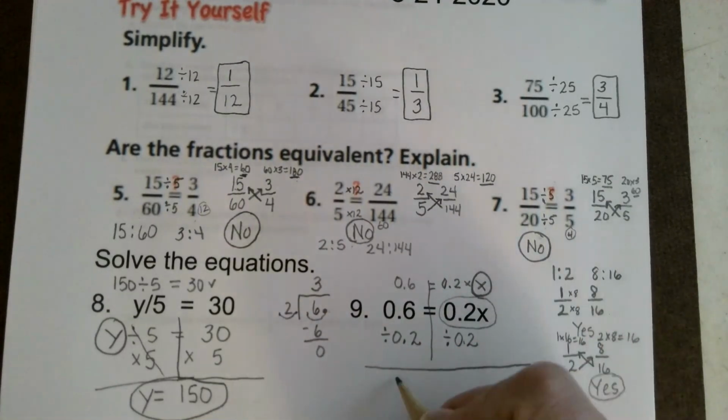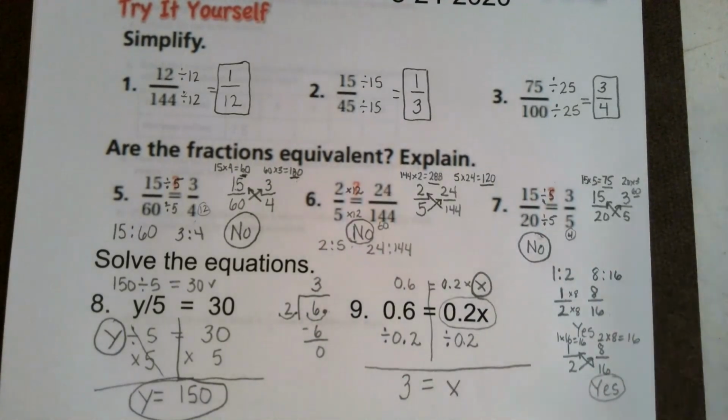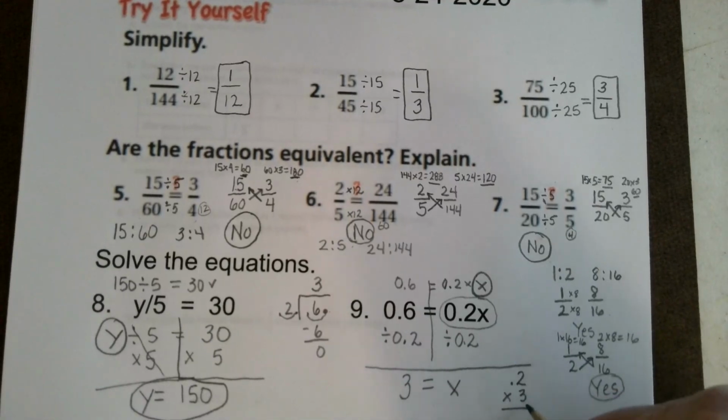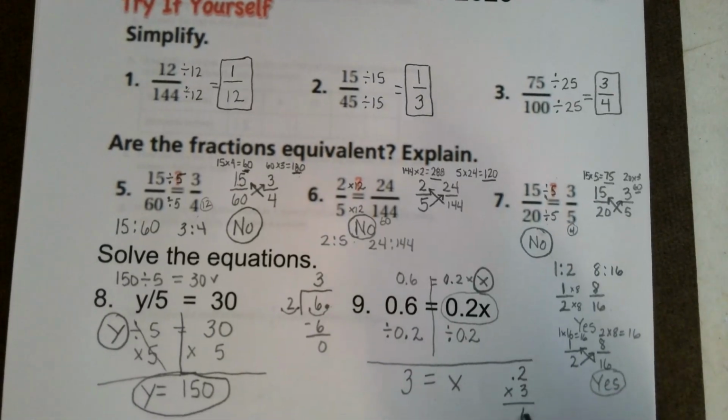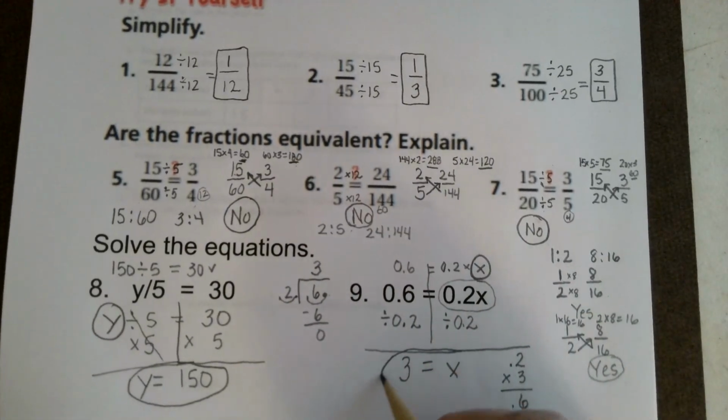So when I divide, I get 3 is equal to x. And then when I check that, and I do 0.2 times 3, 2 times 3 is 6. And then since I've got one number after the decimal in my problem, I need one number in my answer, and that's what I had over here. So x is equal to 3.